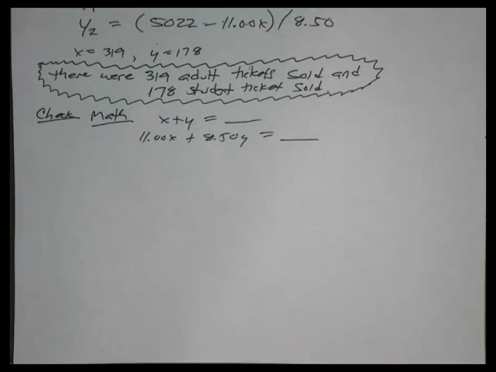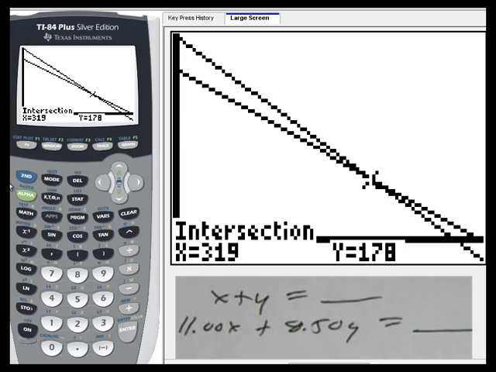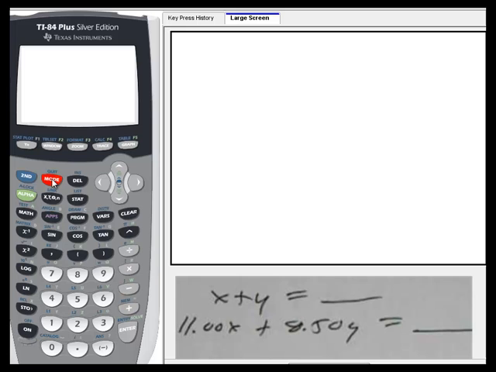So now we can go to the calculator for a moment. At the calculator we can second quit, go back to the home screen, and try out this first one. x plus y. Enter. 497. Alright, that's just as in the original first equation.